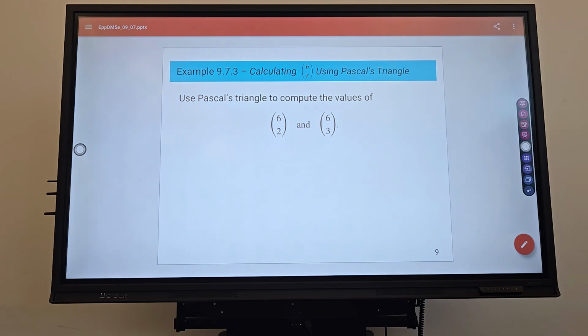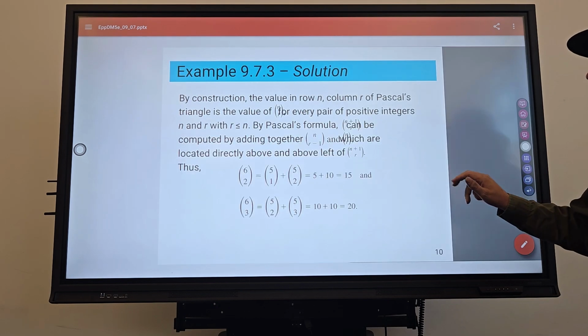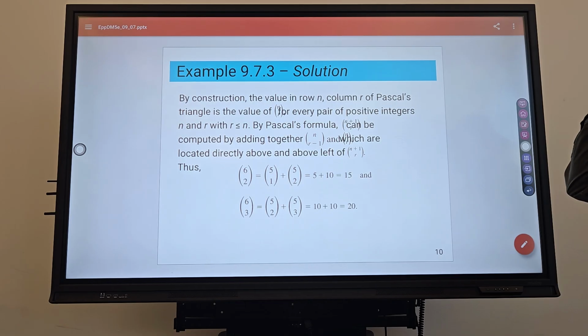Use Pascal's triangle to compute the values of 6 choose 2 and 6 choose 3. Well, by construction, the value in row n and column r of Pascal's triangle is the value of n choose r for every pair of positive integers n and r, with r less than or equal to n.